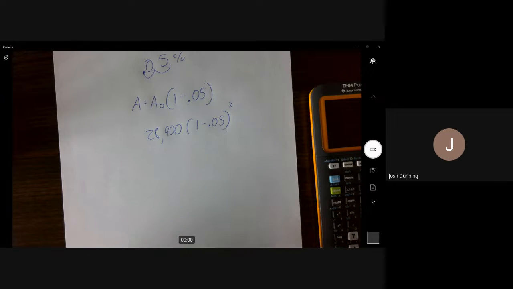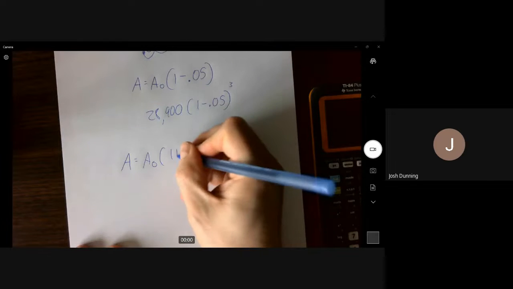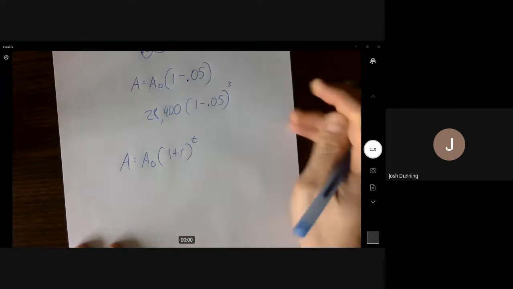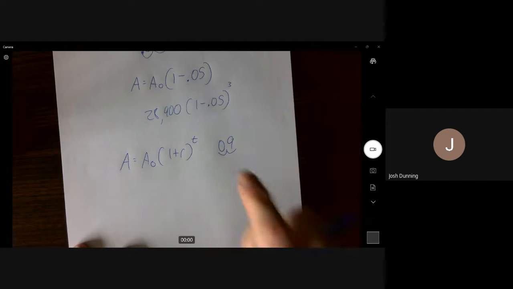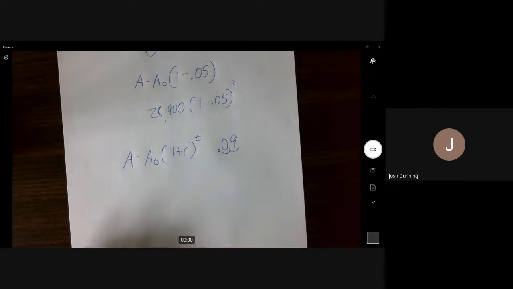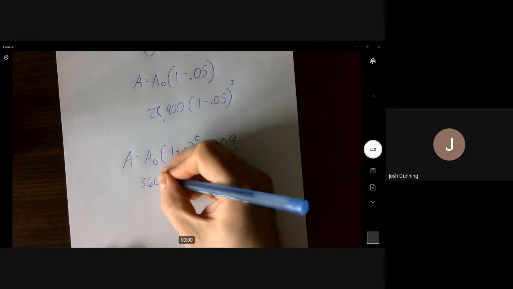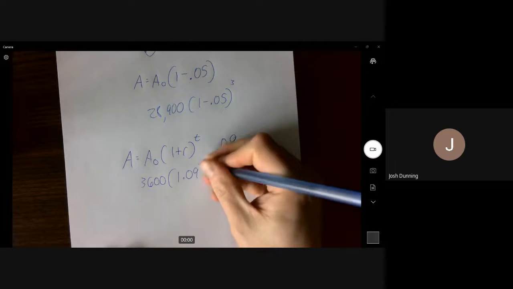So hopefully we're earning money here. So 9%, pop it over twice. Remember, it's 0.09. Ironically, I find that's what people have the hardest time with on these super basic ones from algebra. So the starting amount, 3,600, 1 plus 0.09, 1.09.